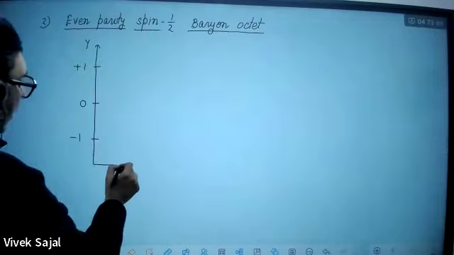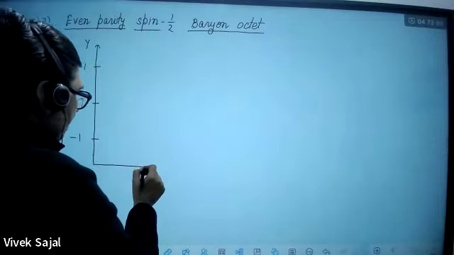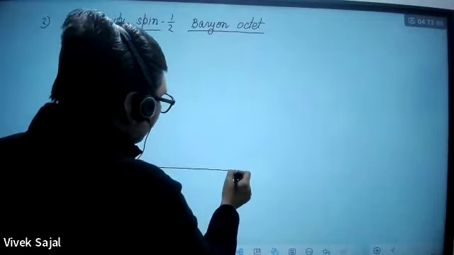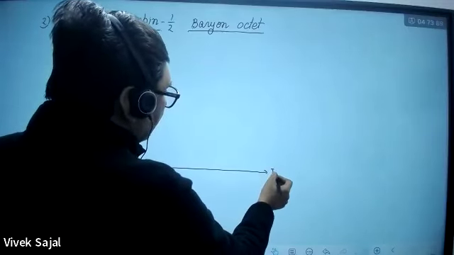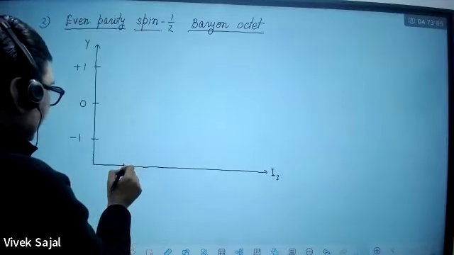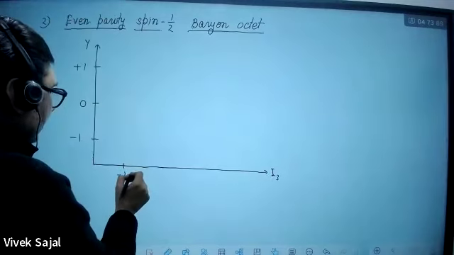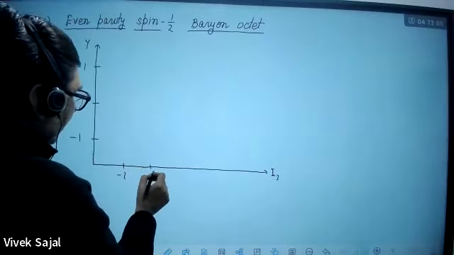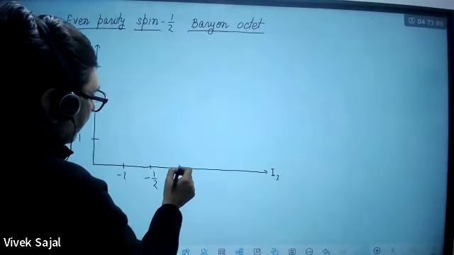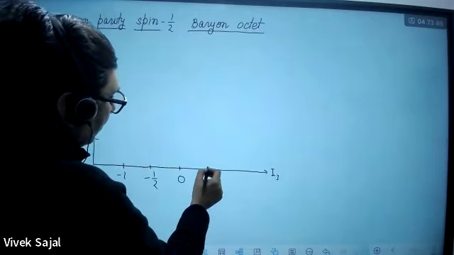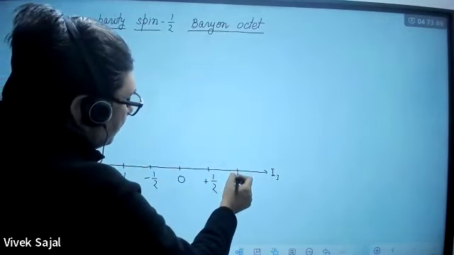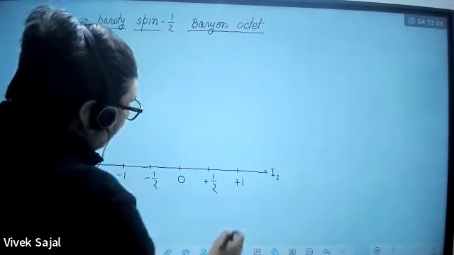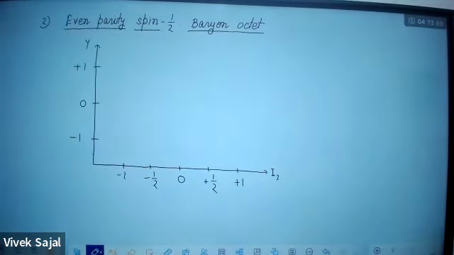And here we can have I3: minus 1, minus half, this will be 0, plus half, and plus 1.